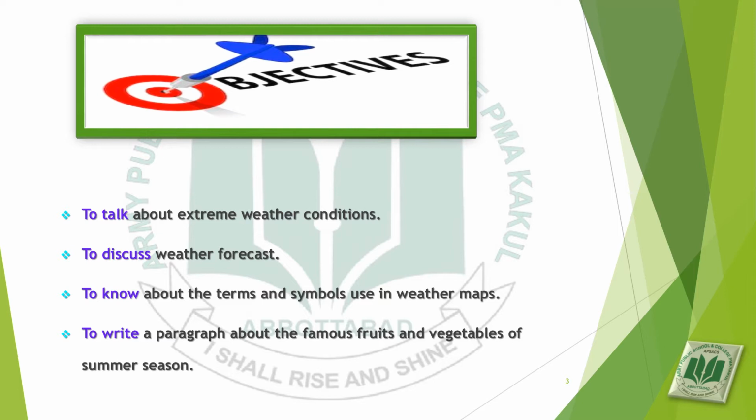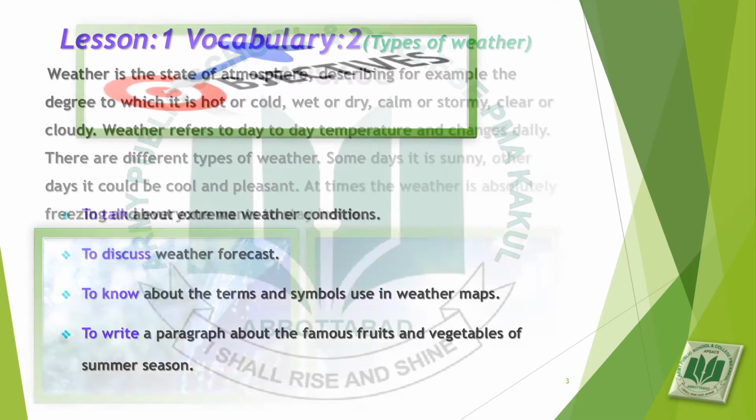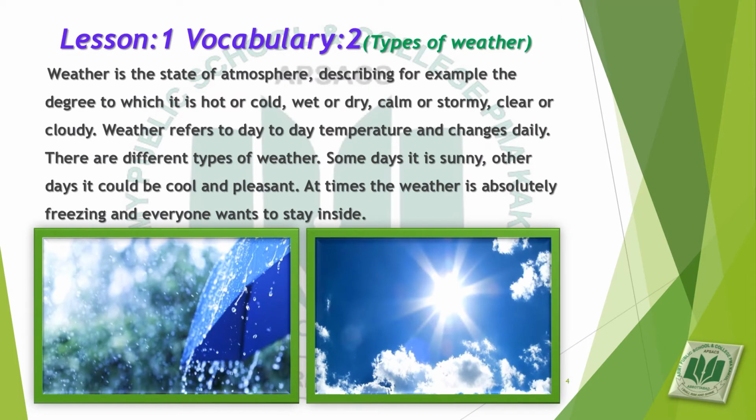Third is to know about the terms and symbols used in weather maps. And the last is to write a paragraph about the famous fruits and vegetables of the summer season. Let's move towards Lesson 1, that is Vocabulary 2, Types of Weather.